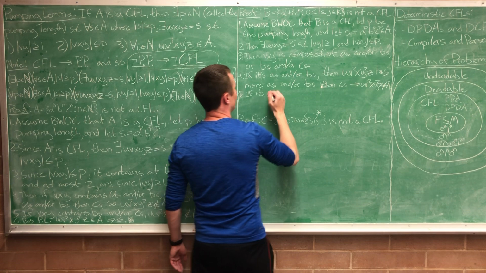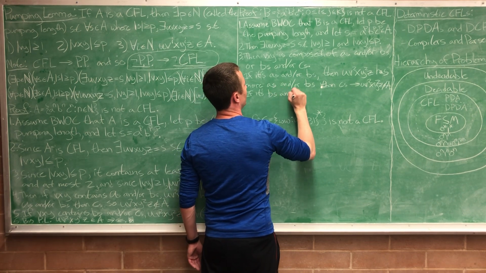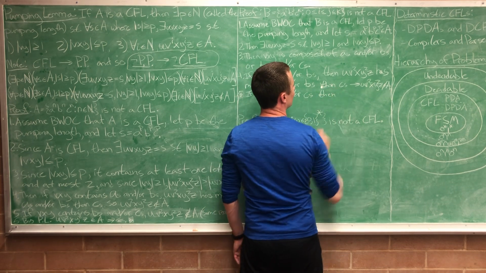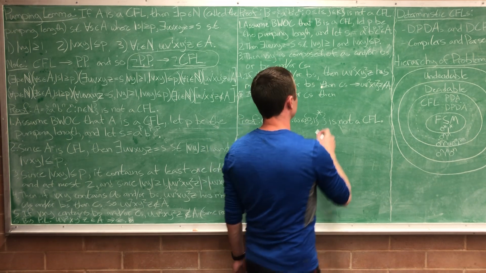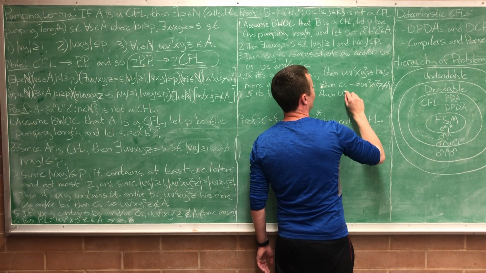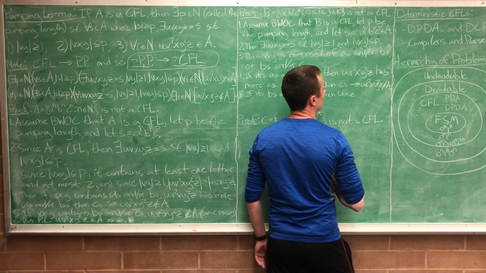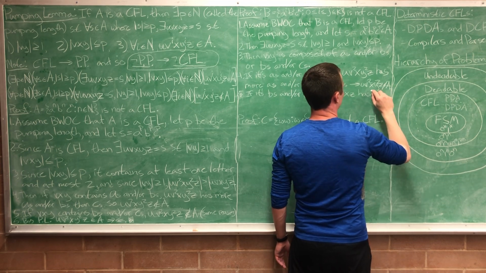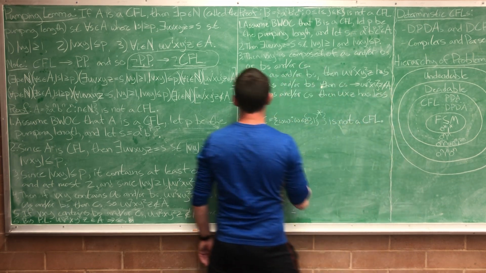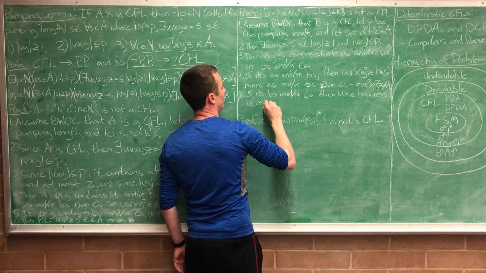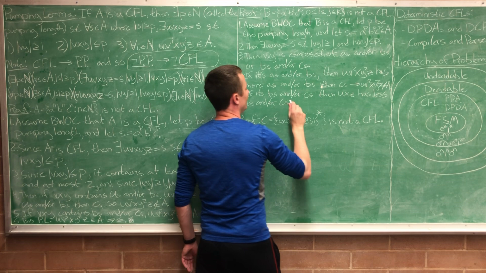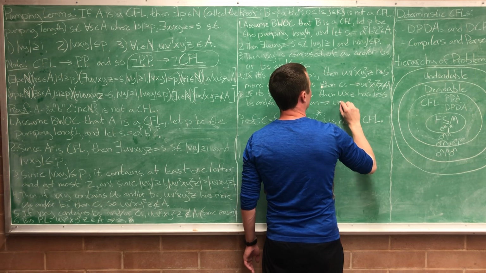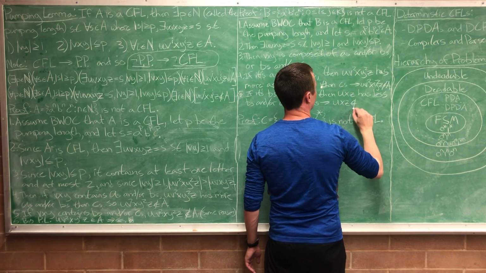If it's B's and/or C's, then uxz has fewer B's and/or C's than A's, which gives us that uxz is not in A.